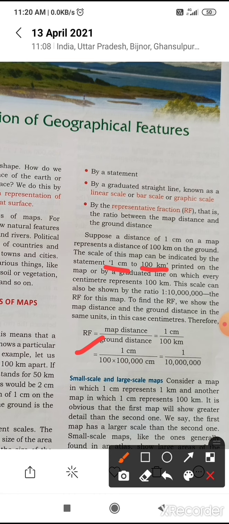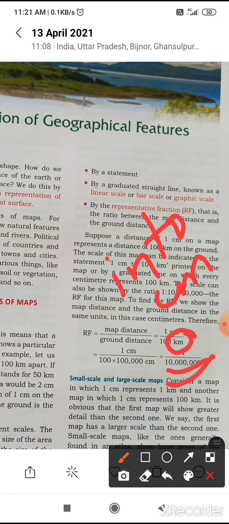So you will write map distance 1 centimeter, ground distance 100 kilometer. Now what you have to do, you have to convert kilometer into centimeter. How can you convert it? You have to multiply 100,000 into 100, then you will get the RF. By this way you can find out the RF.